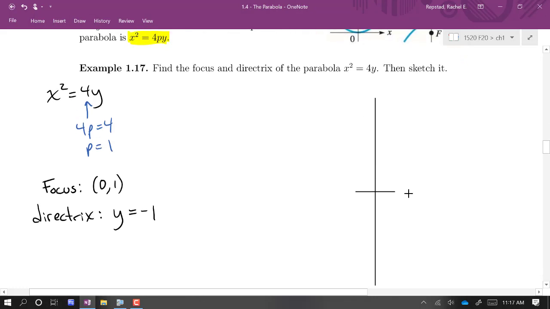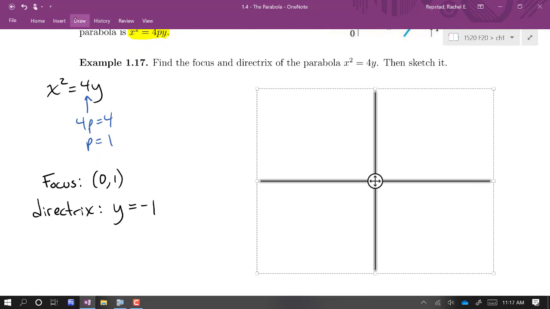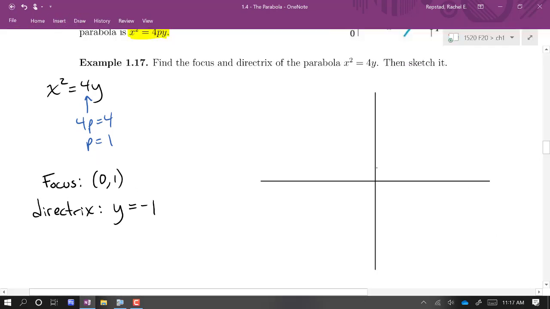We can sketch this one. There's our focus. There's our vertex. Here's our directrix. And it opens upward, because it always opens away from the directrix and swallows up the focus.